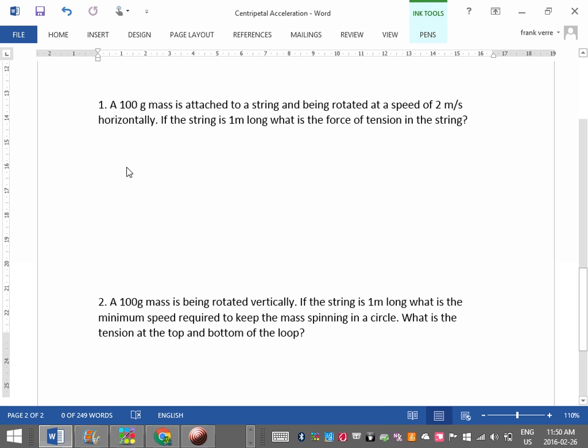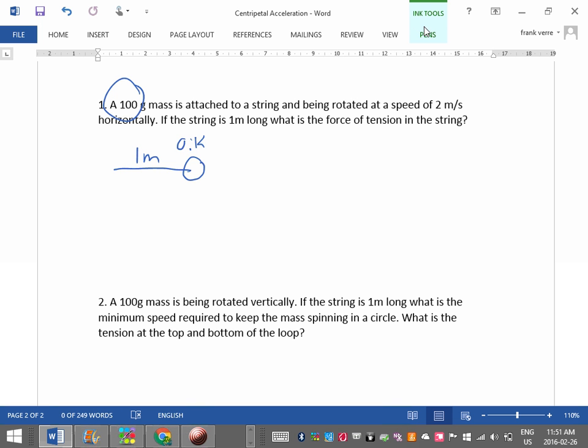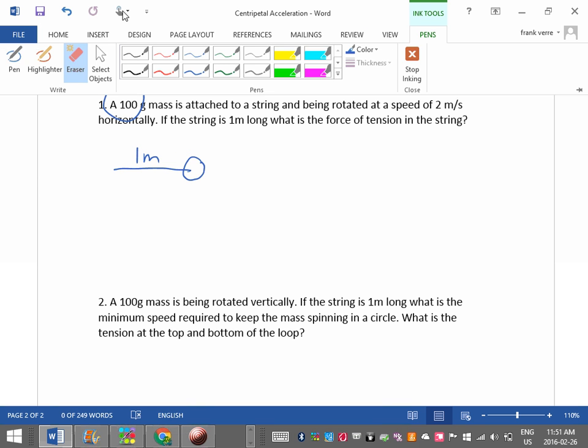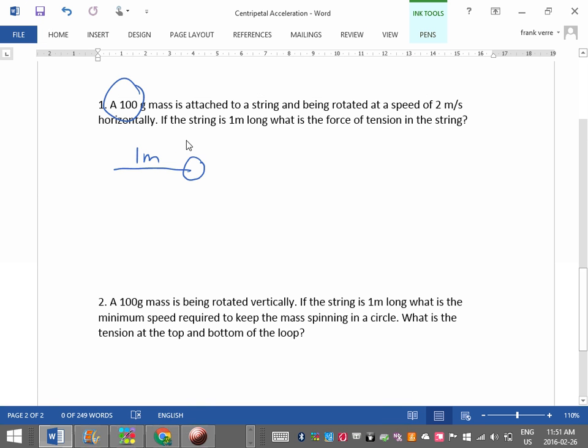The string is 1 meter long, and remember, the mass has to be in kilograms, so it's 0.1 kilograms, okay? And its speed is 2 meters per second.